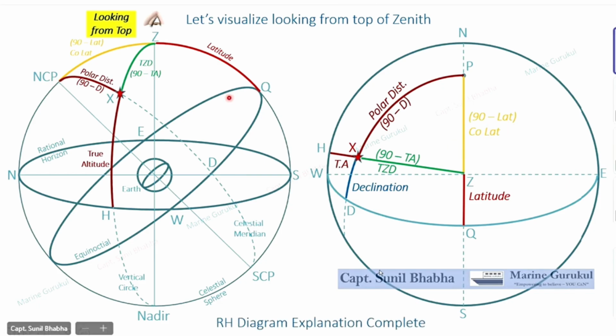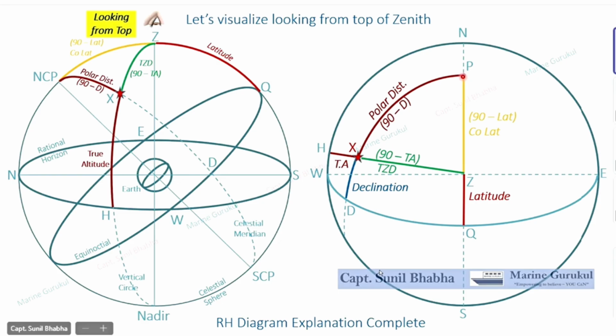Now we have seen all the three sides of the spherical triangle PZX. Now going a little further in the PZX triangle, let's have a look at the angles. We first concentrate our attention on angle P of this PZX triangle.